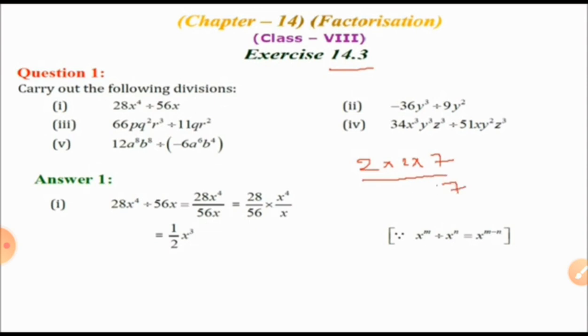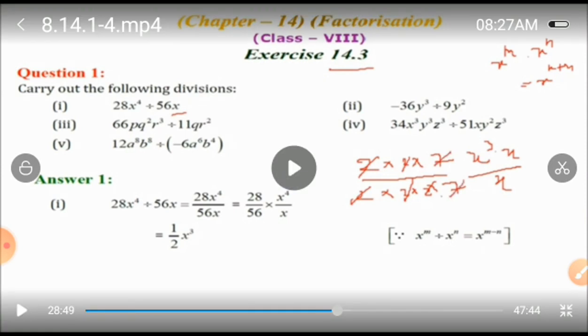In place of that, we can write number under number and variable under variable. x square means x into x, same way x raised to 4 means x into x into x into x, 4 times. Or we know the identity that whenever both bases are common and it's a division, the exponents will be subtracted. Same way, 28 to the 56. Can we cut it or not? Why not? We can cut it.